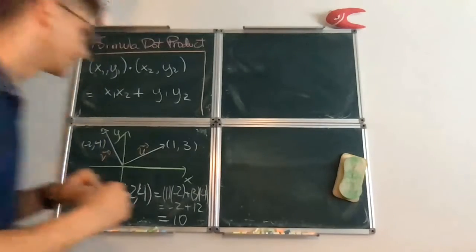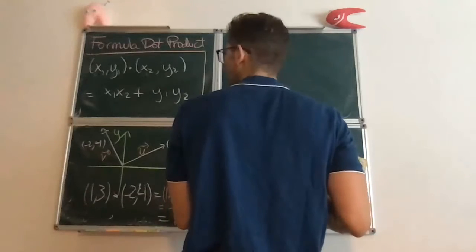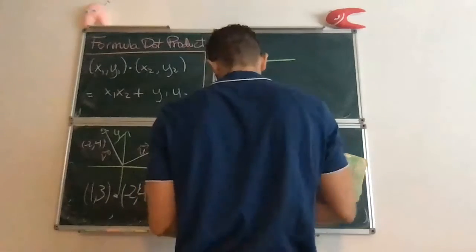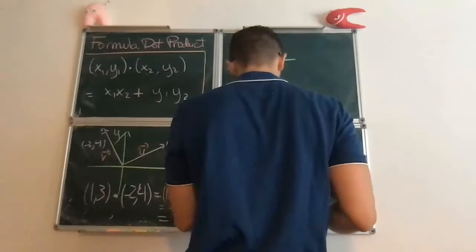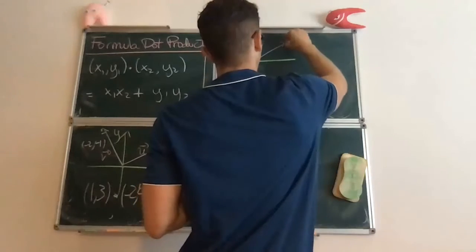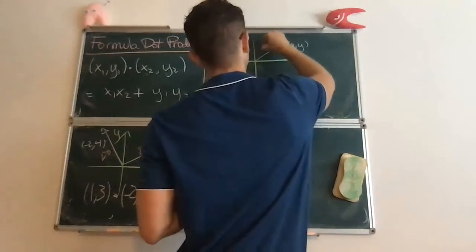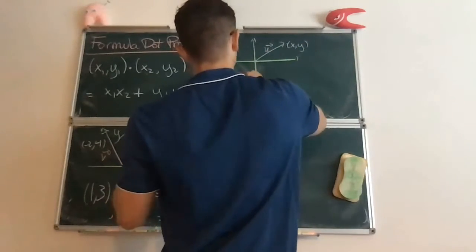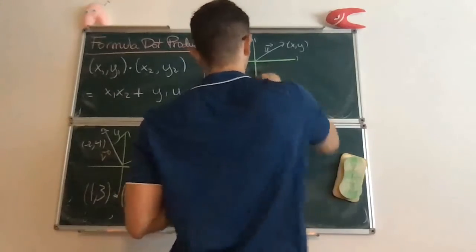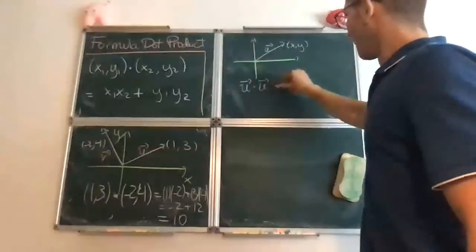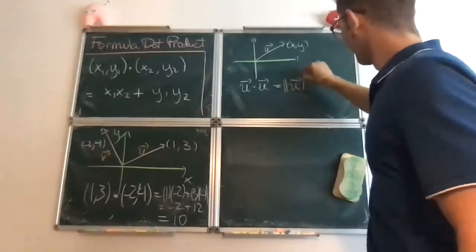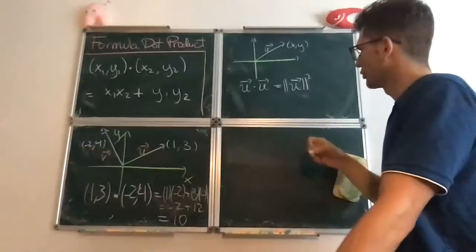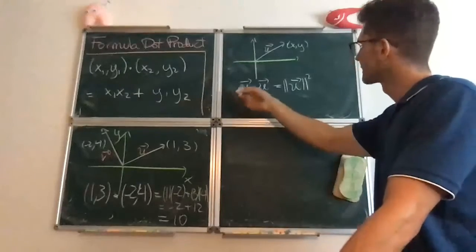Now, what happens if you take a vector, as I had said in the past, let's say you have a vector which has coordinates x, y, and there's this magic formula of the dot product of a vector with itself, which, remember, is supposed to give you the norm squared. But this is just xy dot xy.